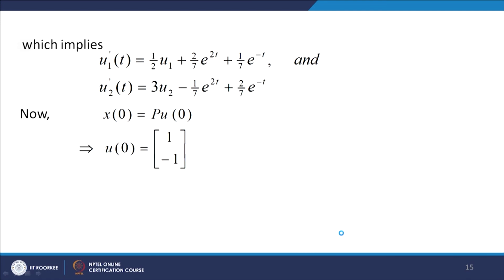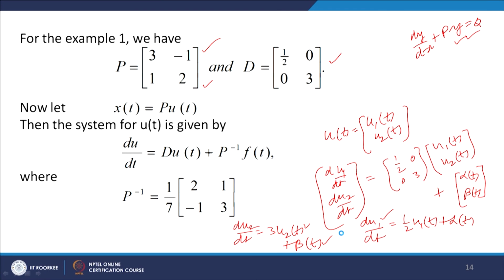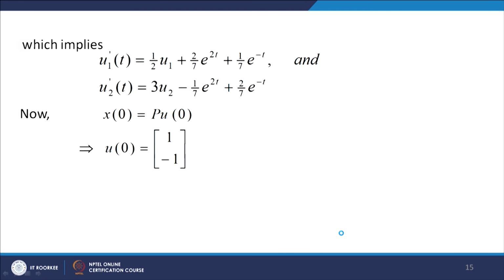So these are the differential equations for u1 and u2. When you solve them, you get the values of u1(t) and u2(t), and then you apply the initial condition. We have assumed that x(t) equal to P u(t), so x(0) equal to P u(0), and then u(0) equal to P inverse x(0).